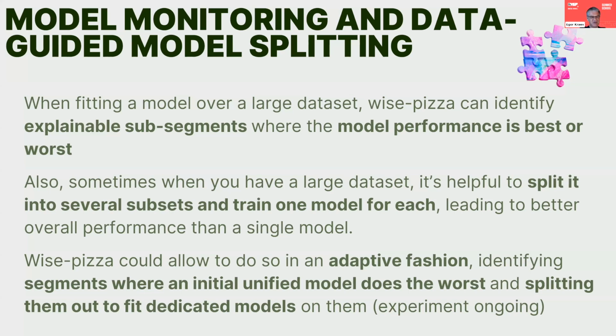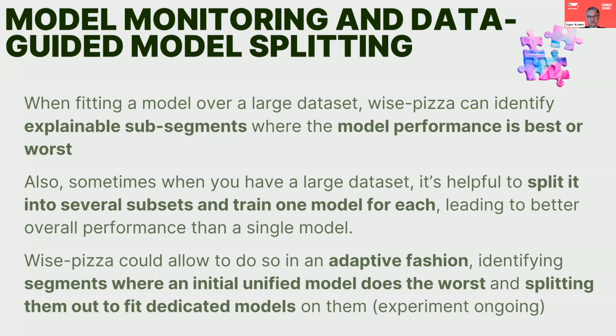Now this is not proven yet. This is an experiment that we're currently conducting. But the promise of WisePizza is that it could allow you to do so in an adaptive fashion, where you first run a model over everything, and then you identify simple segments where that model does the worst. And you split those out to fit dedicated models.